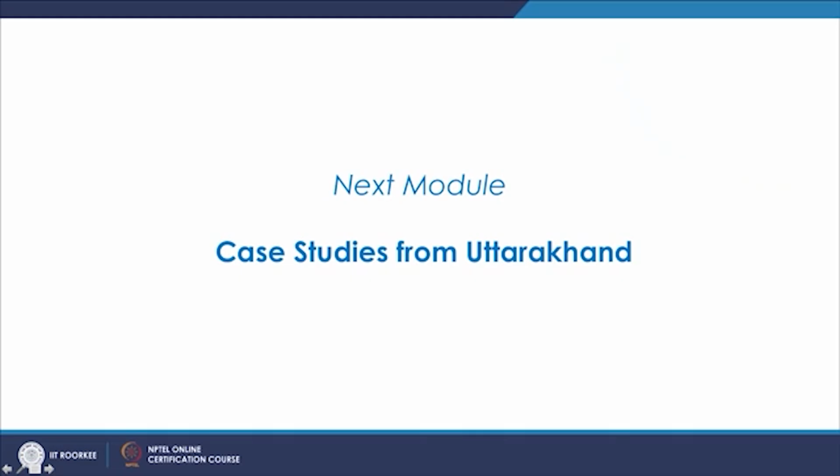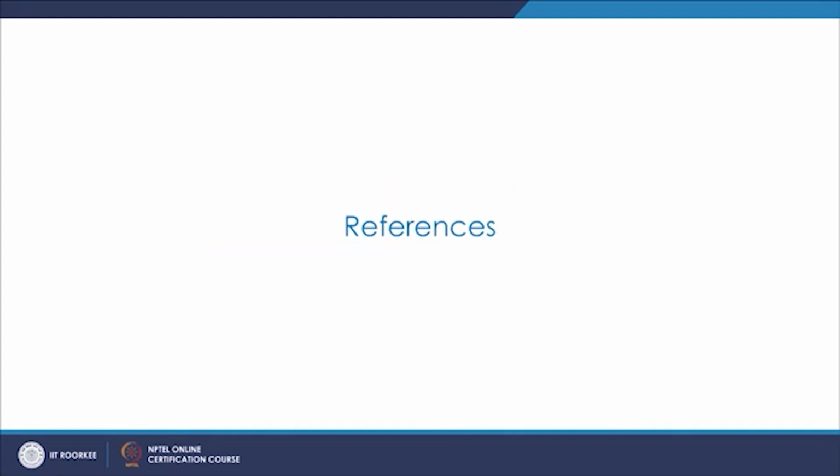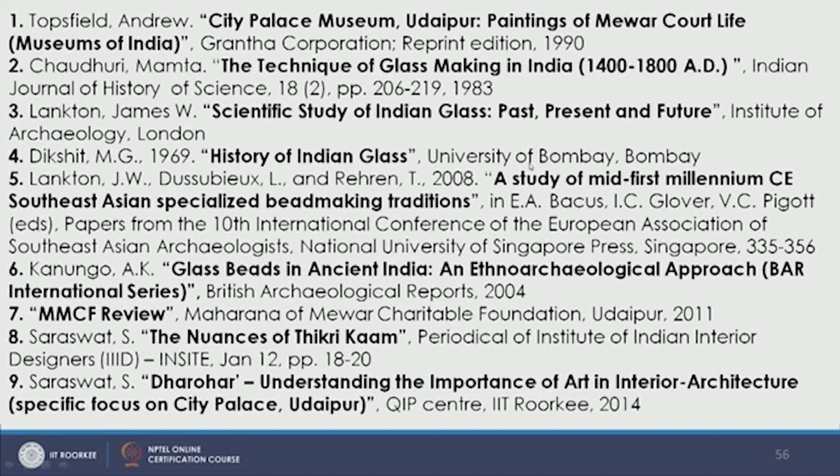Next module will focus on case studies from Uttarakhand, and now the references. These are very specific to today's module, and then later as usual we will have a summation of all the other important references. So City Palace Museum Udaipur, the paintings that we saw, technique of glass making, scientific study of Indian glass.